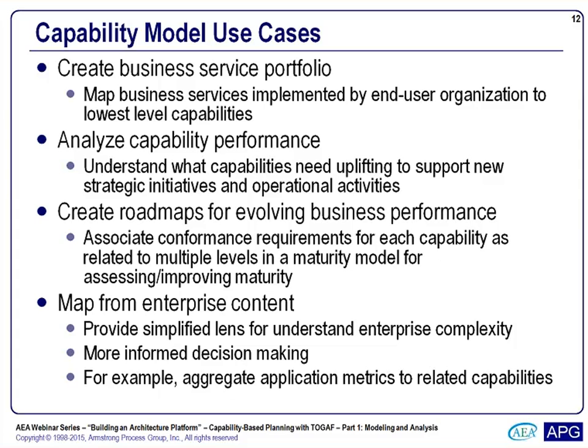And a technique that's certainly familiar to many of us in the IT space is to associate a set of maturity or conformance requirements with each capability, as it relates to multiple levels of maturity, very similar to the notion of CMMI, the Capability Maturity Model Integration from the Software Engineering Institute for improving IT processes.